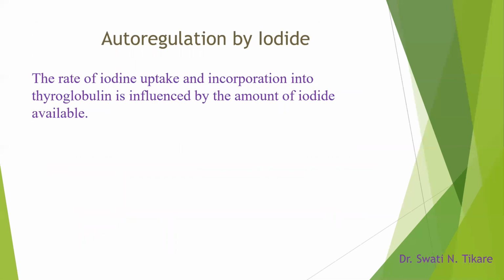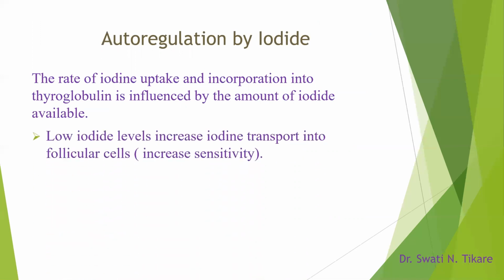So, autoregulation by iodide. The rate of iodine uptake is influenced by the amount of iodide available. Let's say there are low iodide levels, what happens? We need some minimum amount of iodide for the formation of thyroid hormones.